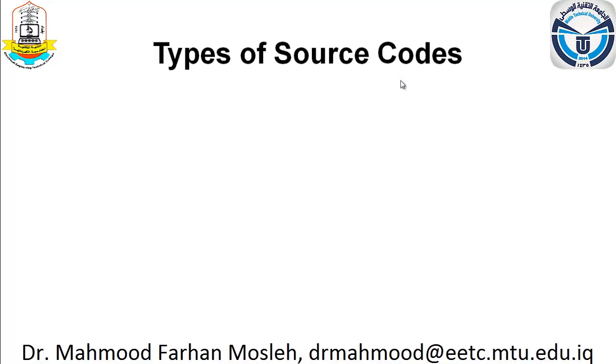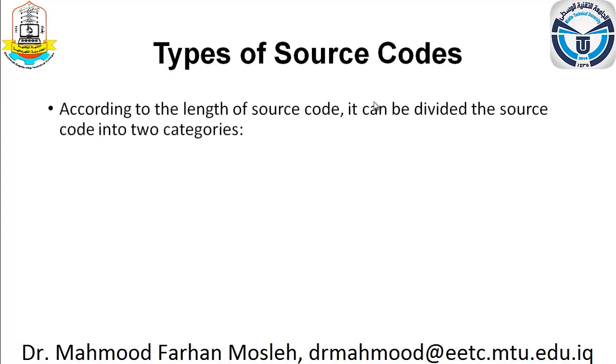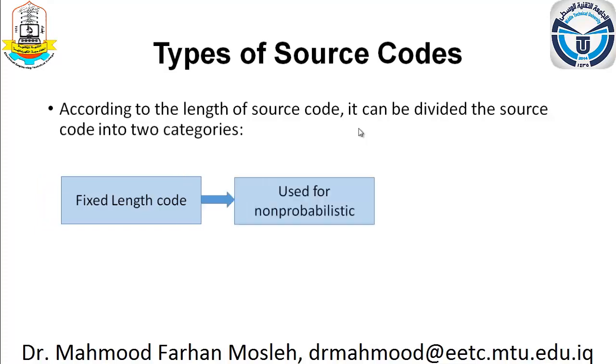There are many types of source code, which must be divided into two categories according to the length of the code. One of them is fixed length code, which is used for equal probability, and so it has low efficiency.